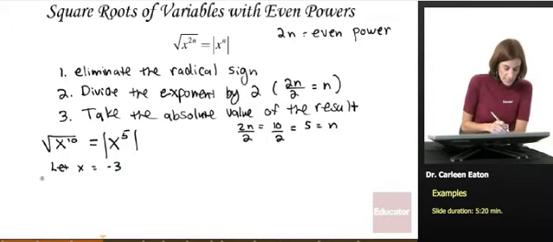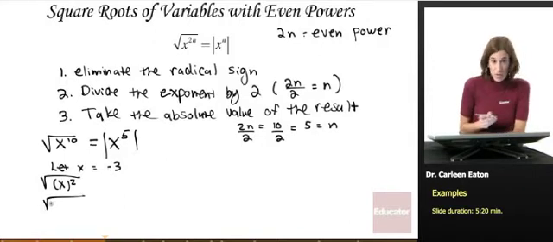Let's say I have something like this. It's asking me for the square root of x squared. Really, whether I know it or not, x is standing in for -3. If I just go ahead and use the first 2 steps of this system, I'm going to eliminate the radical sign, and I'm going to divide the exponent by 2.